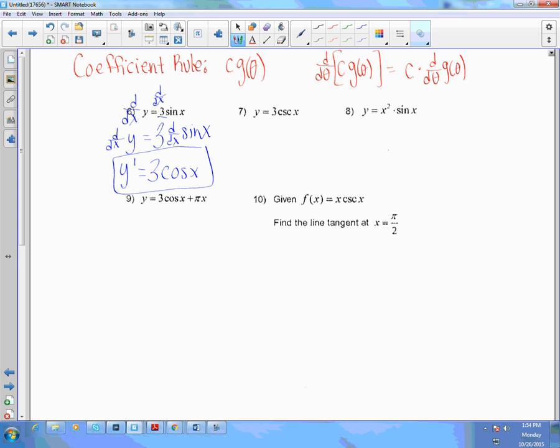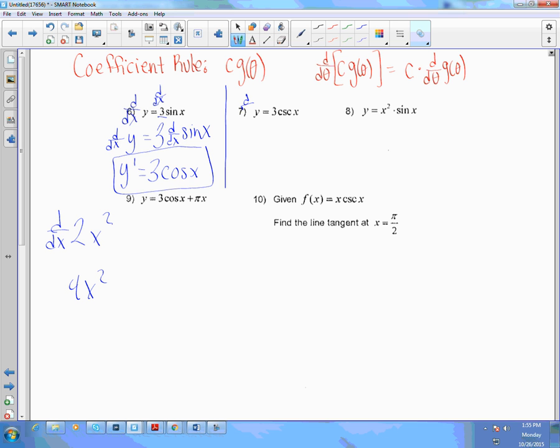I shouldn't say constant, I should say coefficient. The coefficient just tags along as a multiplier. Not always, but in the problem I just did, I took the derivative, it ends up being a 4, but it multiplies to whatever ends up being in front. Okay, so that's one.